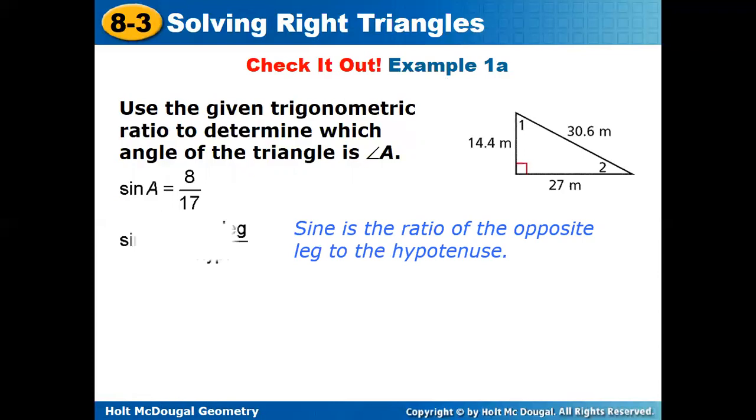Let's see. Sine of angle A is the opposite leg over the hypotenuse.